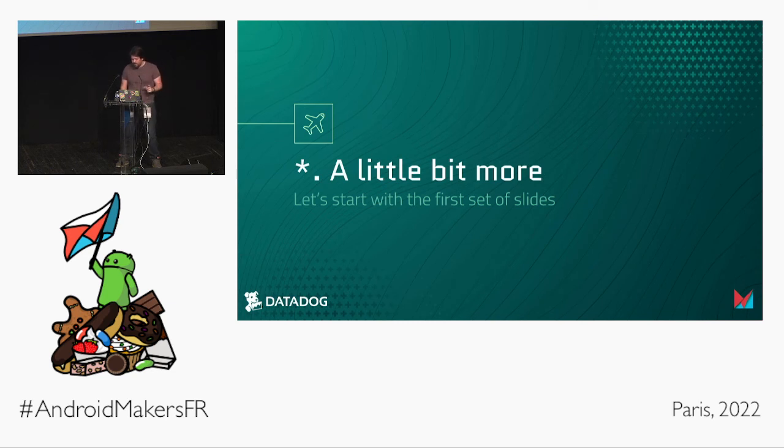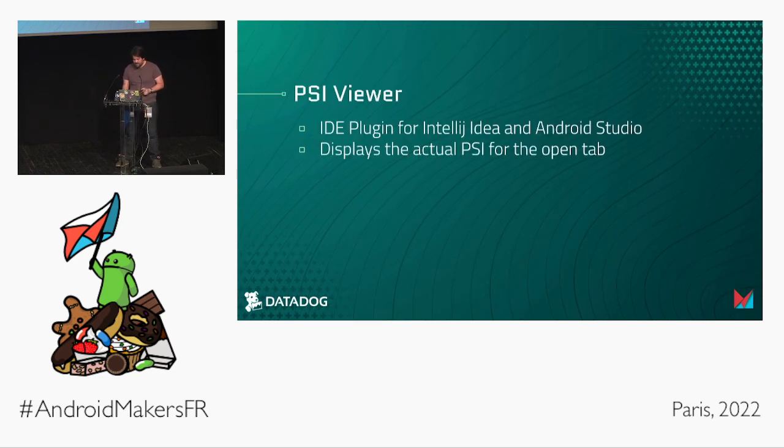Very quickly, a few more pieces of information about all of this. I mentioned PSI a few times, which is the abstract syntax tree that JetBrains uses, that is used by the Kotlin compiler, by Detekt, and so on. There is an IDE plugin that works both for IntelliJ and Android Studio, which displays the actual PSI for the source file that is open.